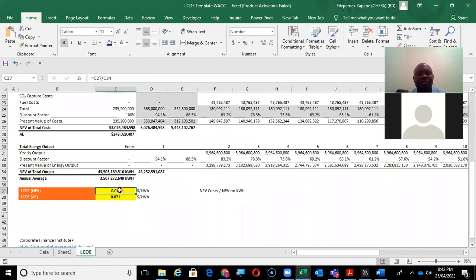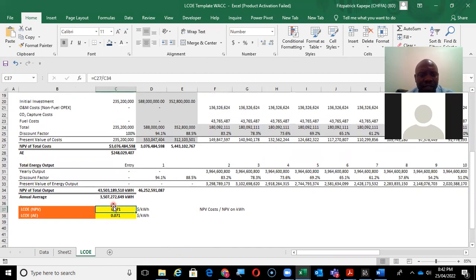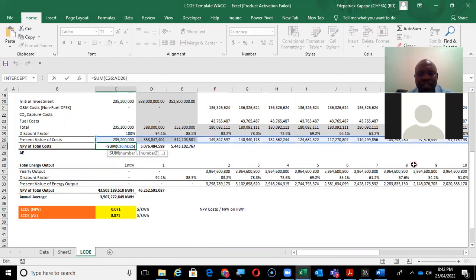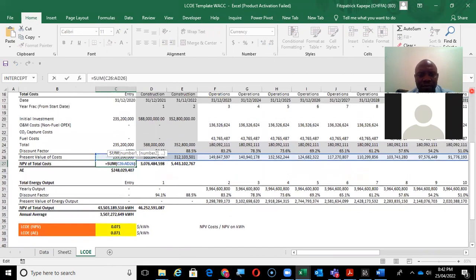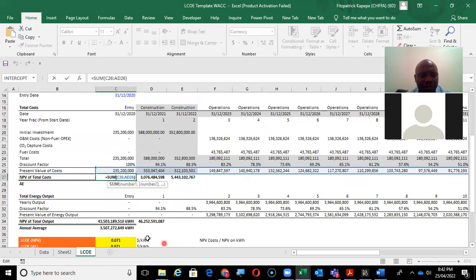So in getting, if you check on getting the levelized cost of energy, of electricity, sorry, you have these numbers for the NPV, for the total cost, which starts from there. Then you have on the energy, which is also the NPV, which is this. So it's starting from here. So you have year one.